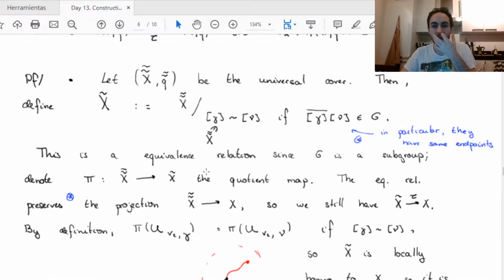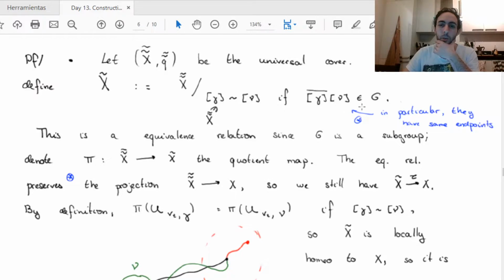All right. So what you can check is that this is indeed an equivalence relation just by observing that G is a subgroup. And therefore, this is a quotient, truly. So we can define the quotient map, which we denote by pi, from X tilde to X tilde. And now what you can check, as we said, is that these two things can only be related if they have the same endpoint.